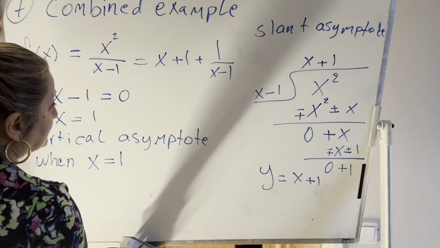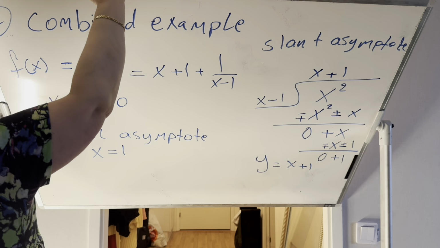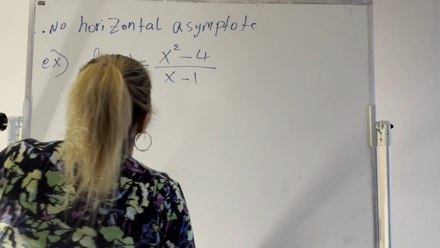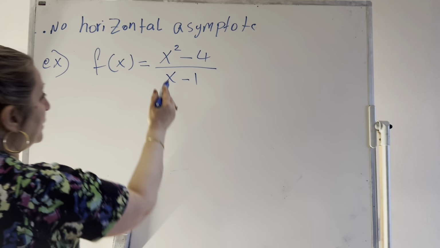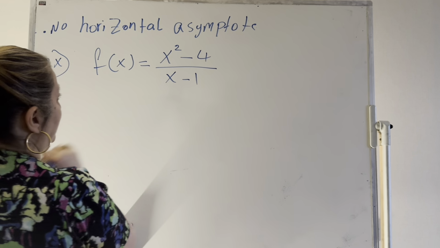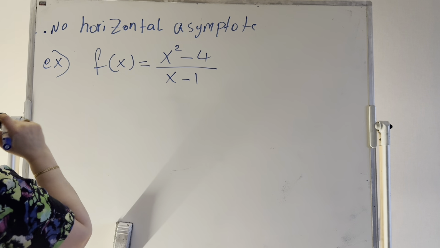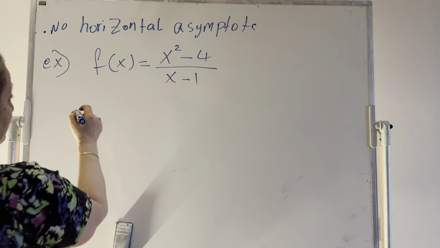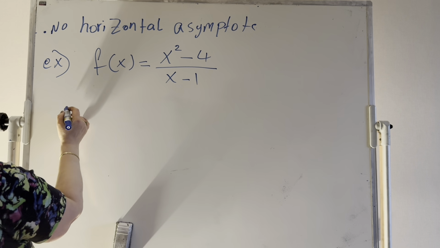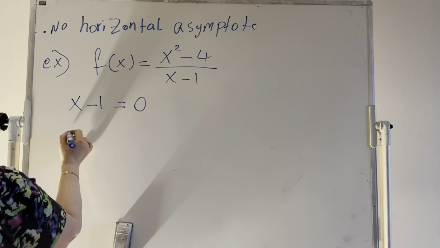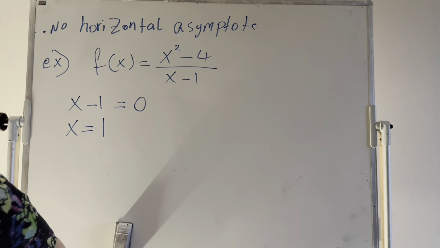The last example. f of x equals (x squared minus 4) over (x minus 1). For the vertical asymptote, x minus 1 equals 0, x equals 1.